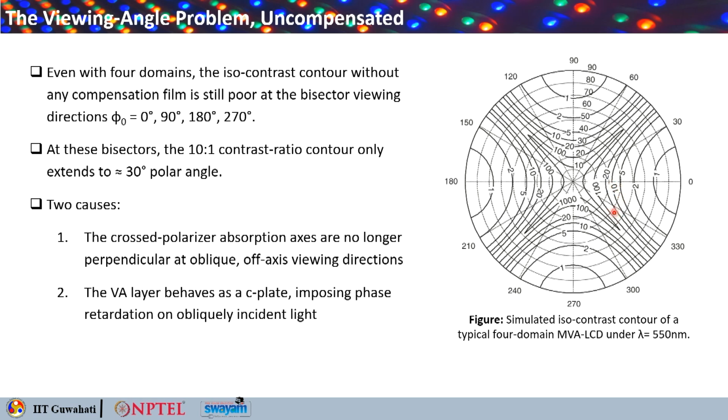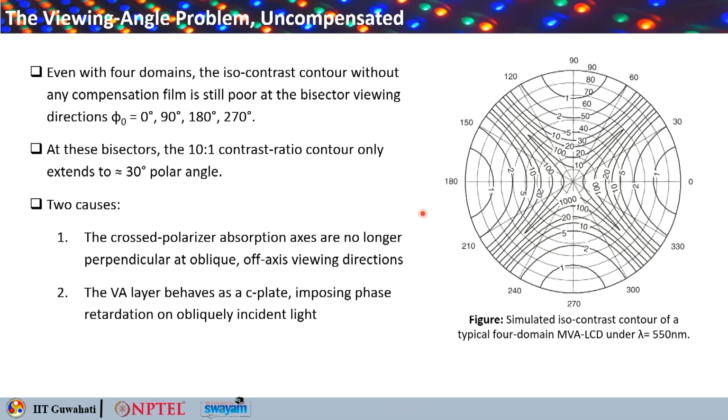You can see here, this is the 30 degrees. So only up to 30 degrees you can get that 10:1 ratio. After that, for higher angles, the contrast ratio goes down very fast.